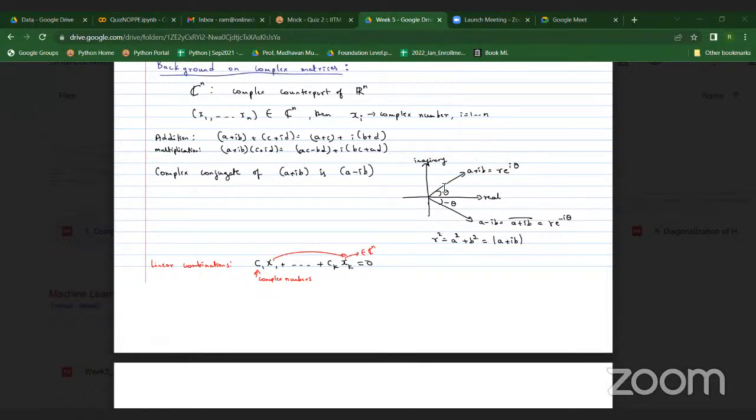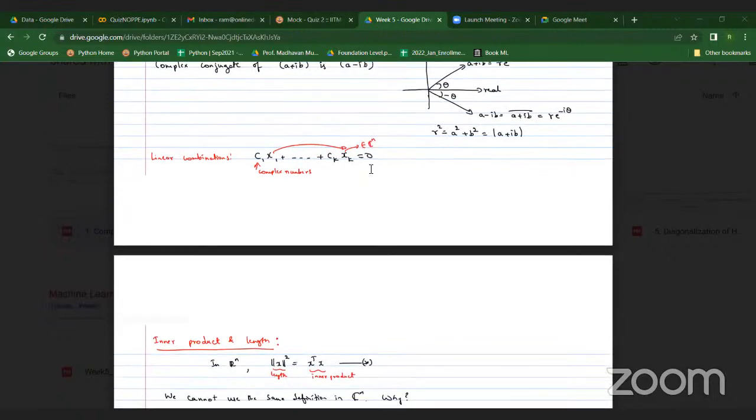Since it makes an angle theta, you could consider the distance to this point a plus ib as r, and the angle it makes with the x-axis, that is the real axis, is this angle theta, which represents a complex number. So r e power i theta is another way of representing a plus ib, the complex number.